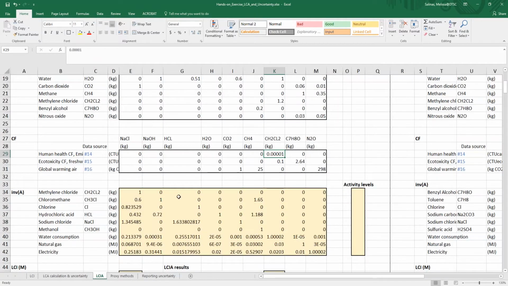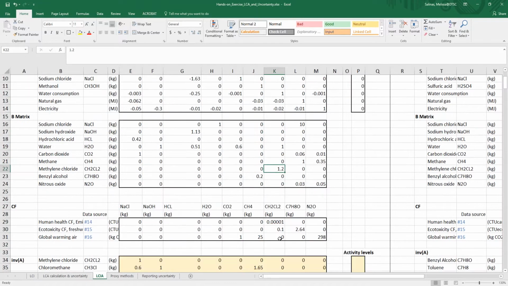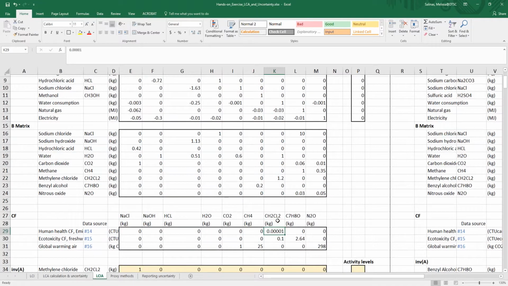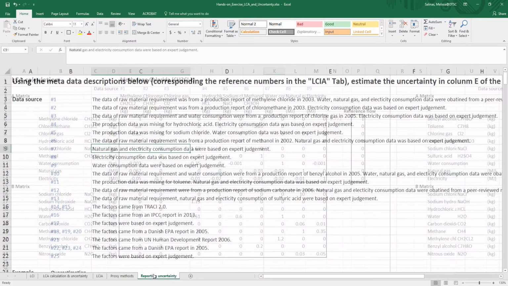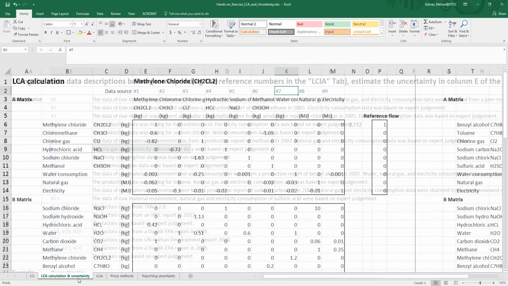So the water consumption process generated the environmental emissions, this is methylene chloride emissions, that was the sole cause of the human health impact of methylene chloride. So in that context, we now have to look at what is the uncertainty associated with process number 7.